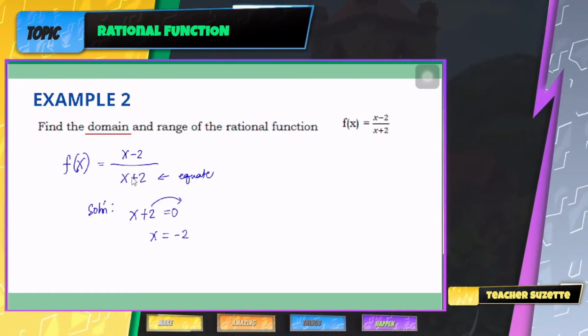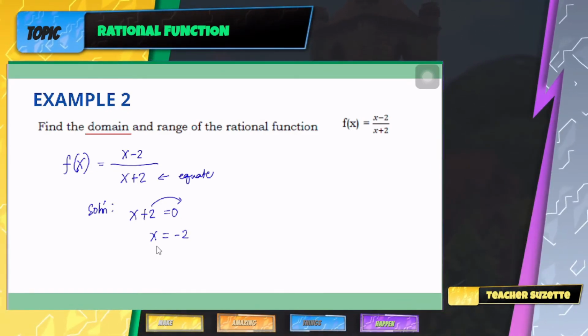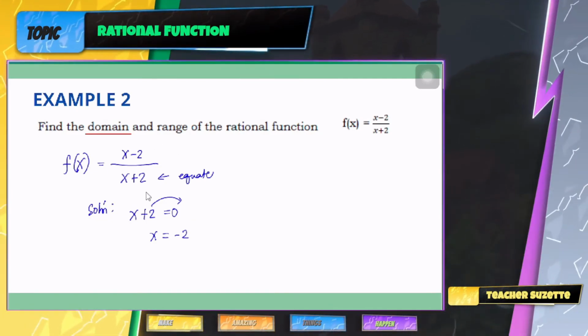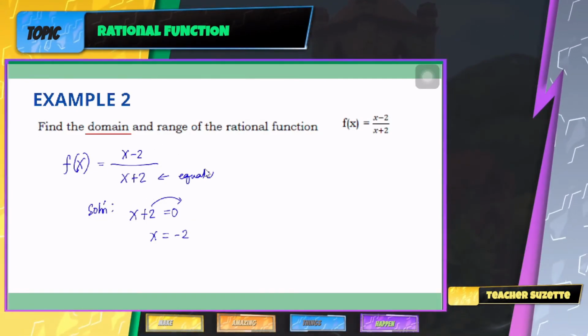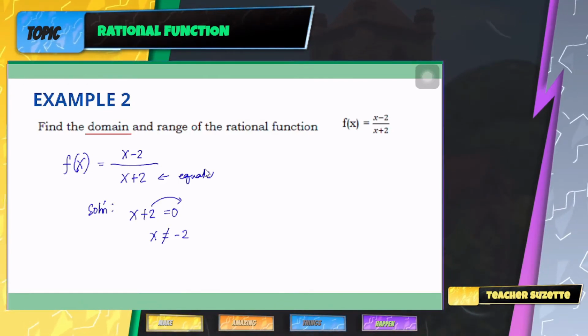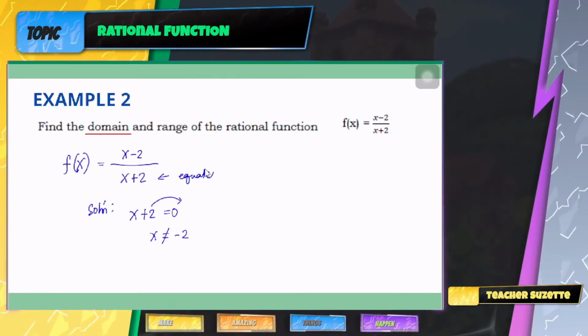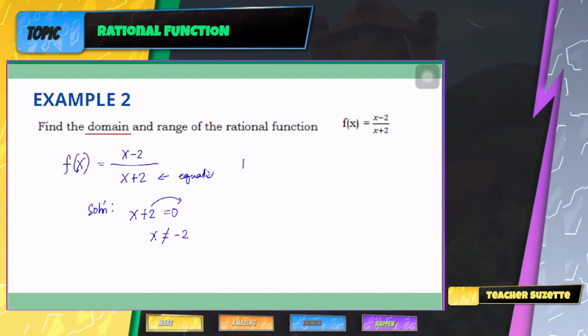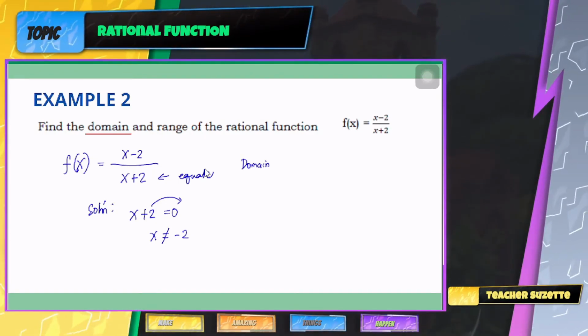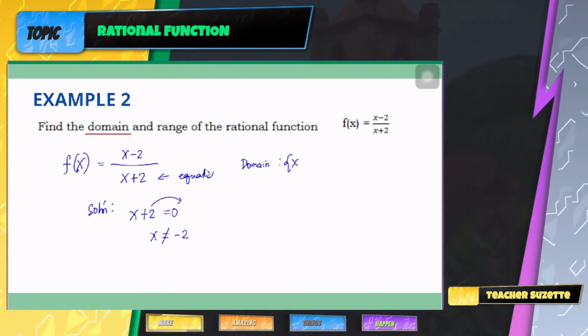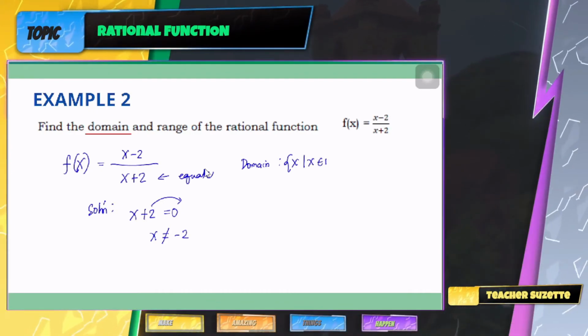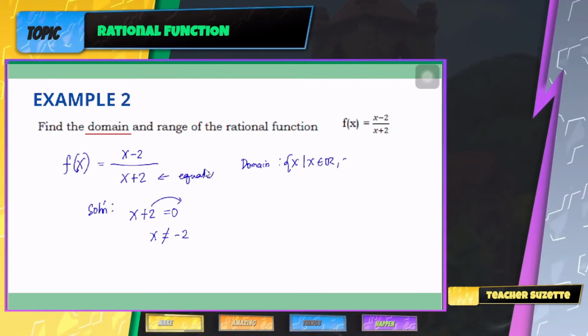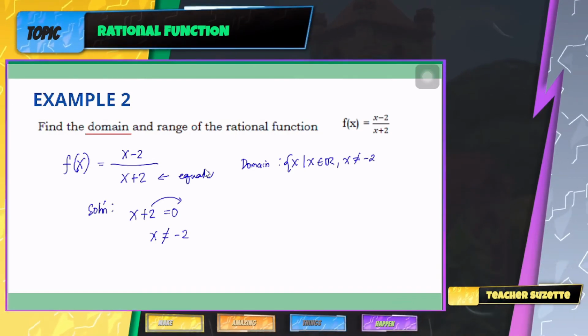So at the value of negative 2, your denominator will be equal to 0. That is the forbidden value of your domain. So your domain is the set of real numbers such that x is not equal to negative 2.